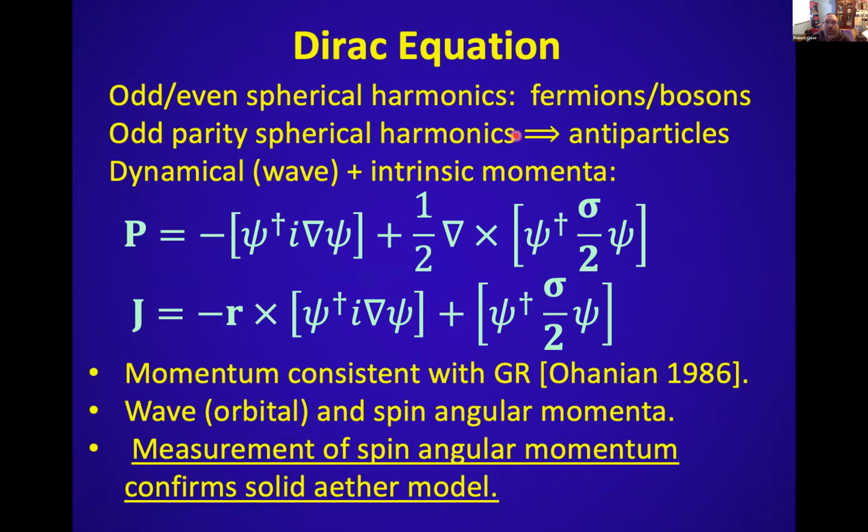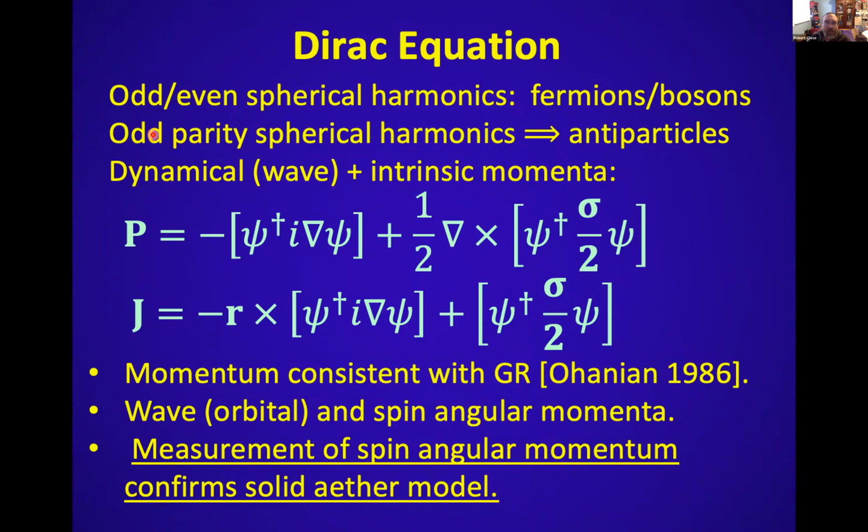Okay, so if we consider what solutions would look like, I would say that the odd and even spherical harmonics would correspond to fermions and bosons, because the Dirac representation will always have half of the angular dependence of the vector representation.